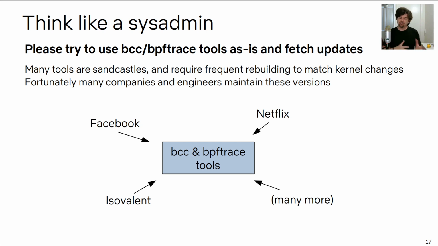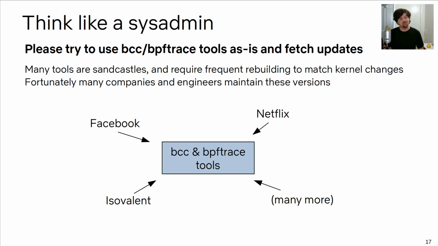It's because these are not the same as other types of software. A lot of these tools are instrumenting kernel, application, and library internals using dynamic instrumentation, which instruments the raw code. And that can change between versions. And so many of these tools require ongoing maintenance to match kernel changes. And so you don't want to inherit that burden.